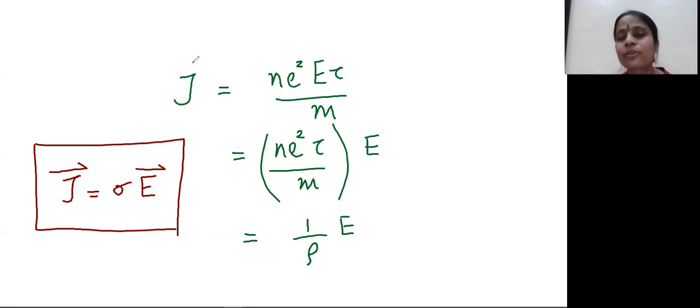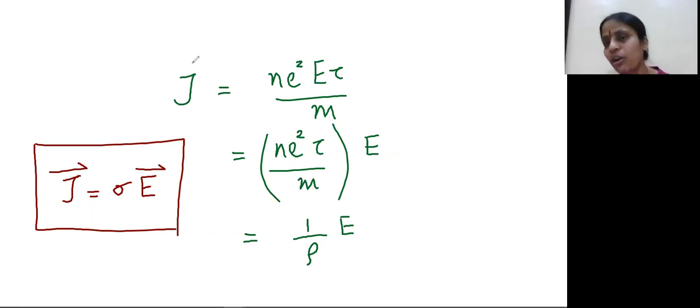Is that clear? So we will stop with this for today's class, because from next class I will be moving into the deviation of Ohm's law and the dependence of resistance and resistivity on temperature, and we will discuss superconductors in the next class.